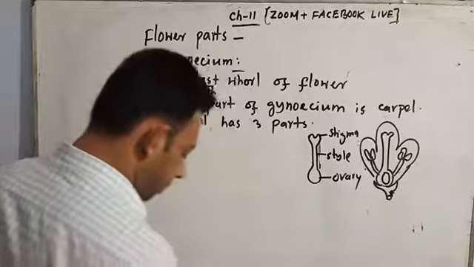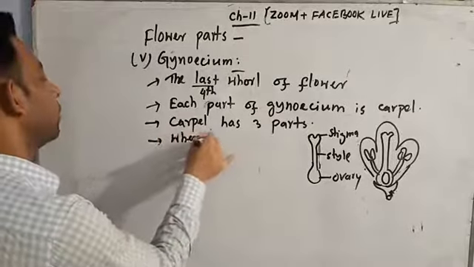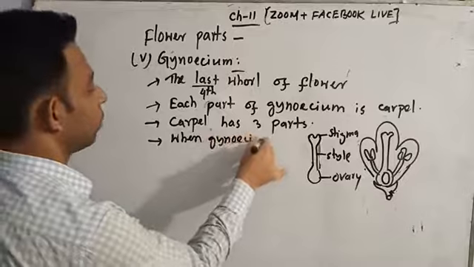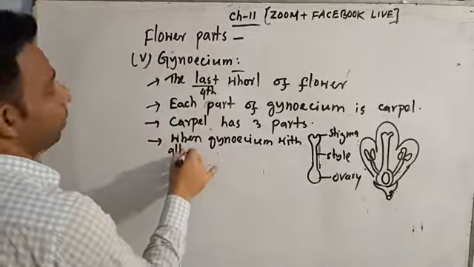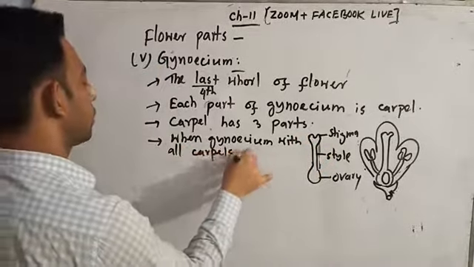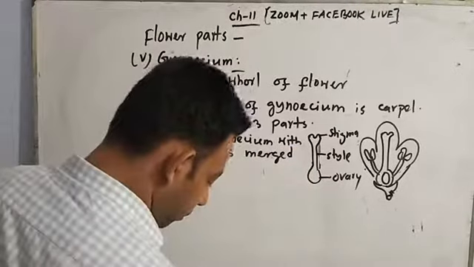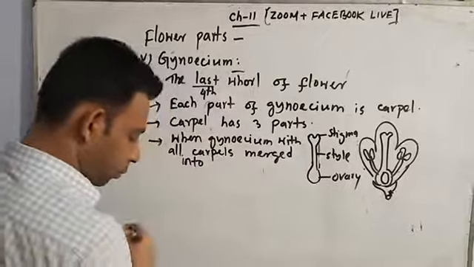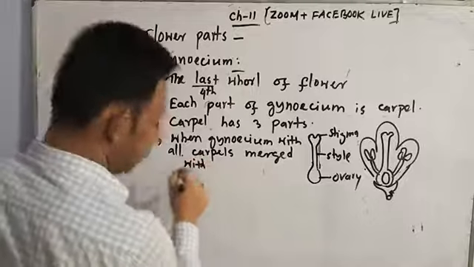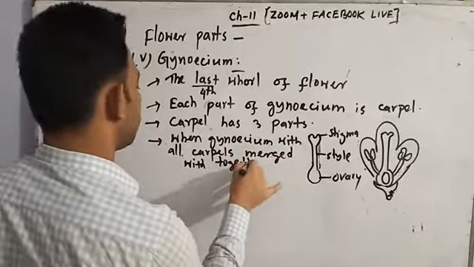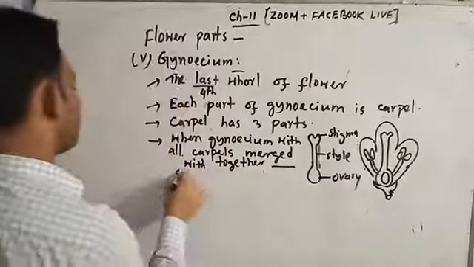When the gynoecium with all carpels is merged together, then it is called syncarpous.